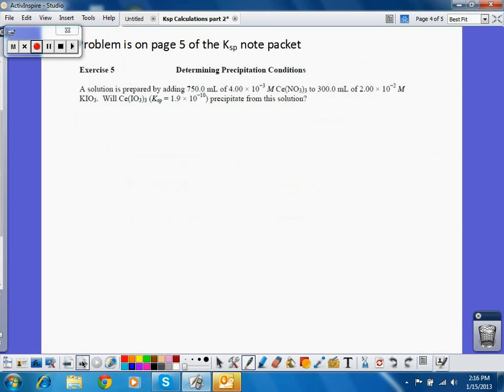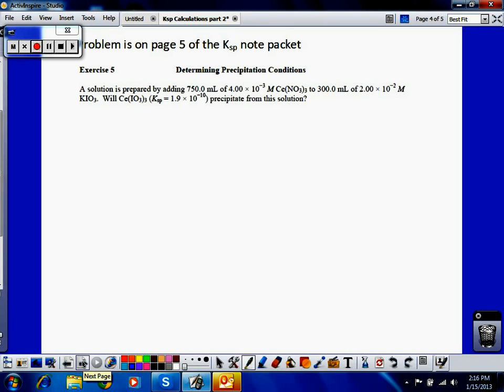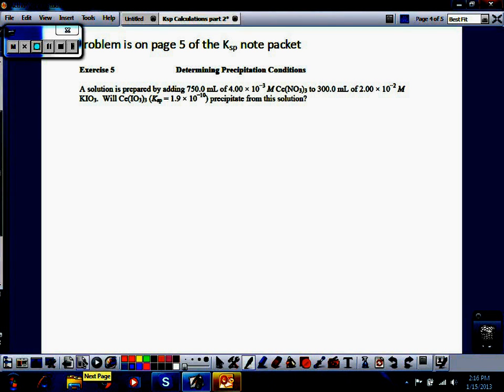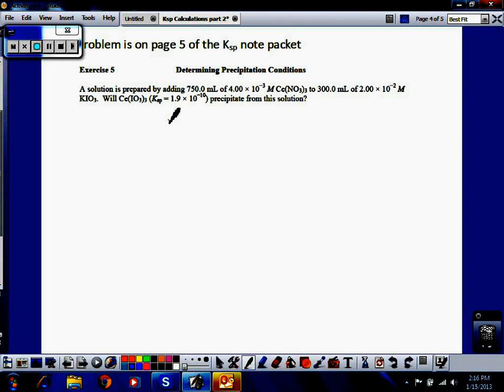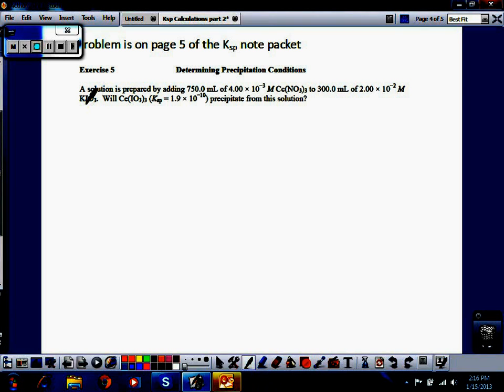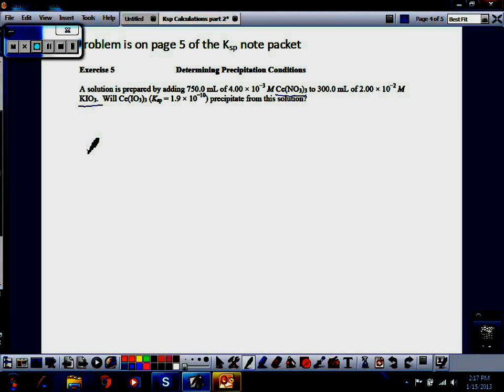So let's take a look at one of these problems. We're mixing two solutions together, a nitrate and an iodate solution. Now you notice in both cases, this nitrate solution and this iodate solution, I want to know if cerium iodate will precipitate.